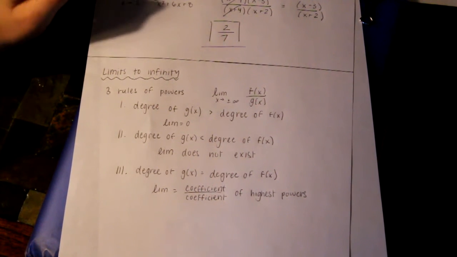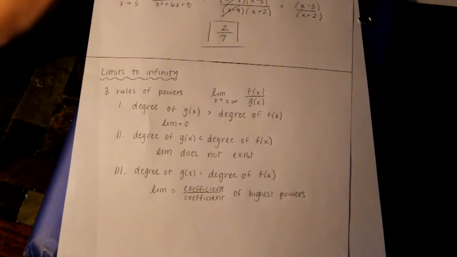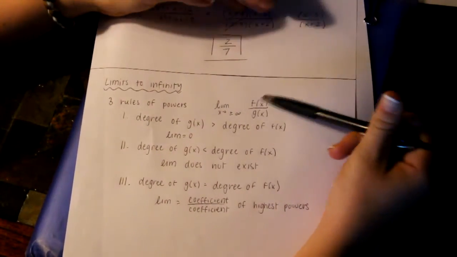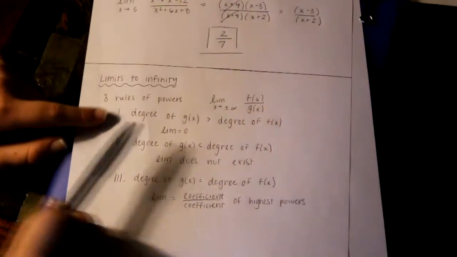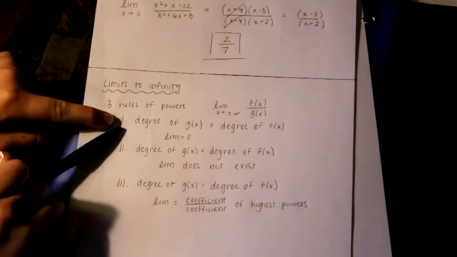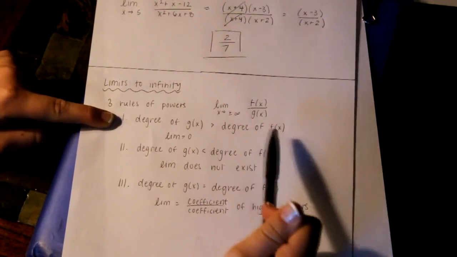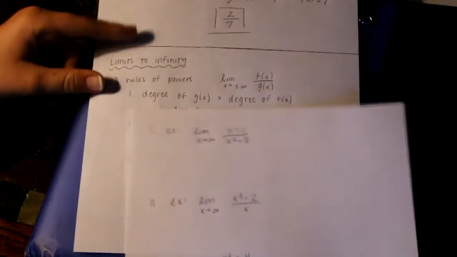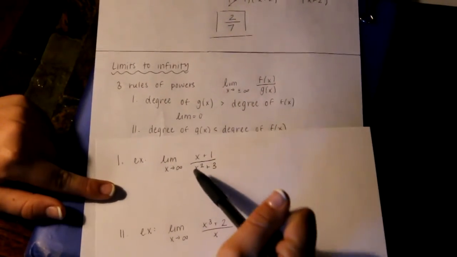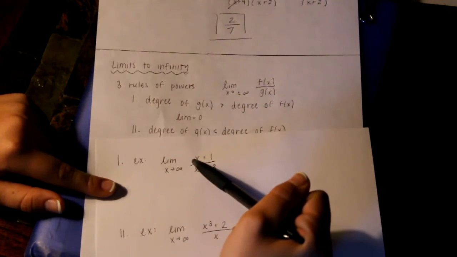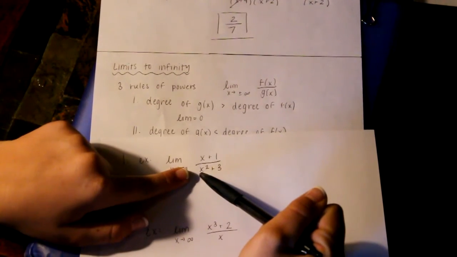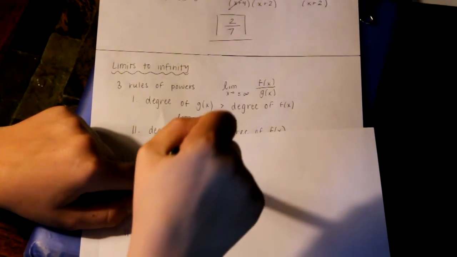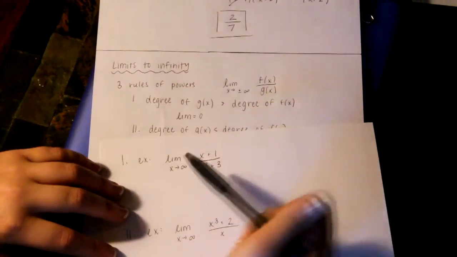Limits as x approaches infinity are basically given by three rules. If we're given this example, f of x over g of x, the first rule is that if the degree of g of x is greater than the degree of f of x, the limit would equal 0. This is because, for example, if x squared were on the bottom and x were on the top, as x approaches a larger and larger number, the bottom is squared, and it would become much larger, much faster than the top one.